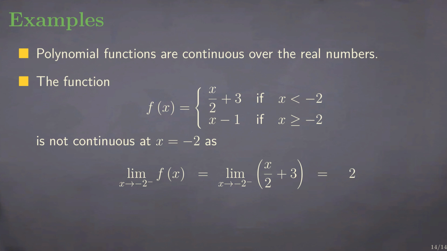So the left-hand limit of f of x is 2, and similarly the right-hand limit of f of x is actually minus 3. So these two values are not the same. It means that the limit of f of x when x tends to minus 2 does not exist. Therefore, the function is not continuous, or discontinuous, at x equal minus 2.